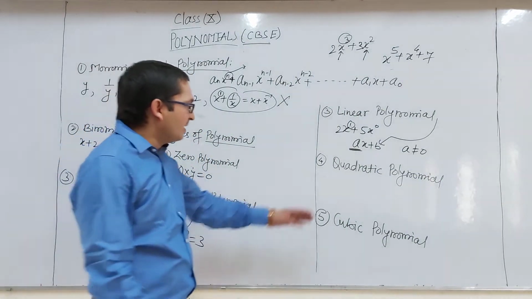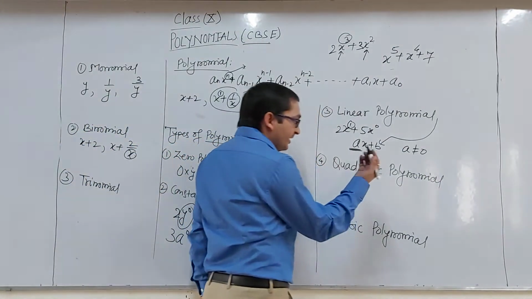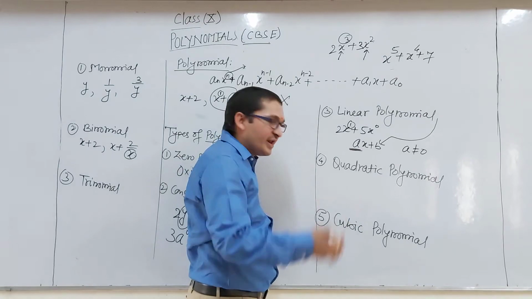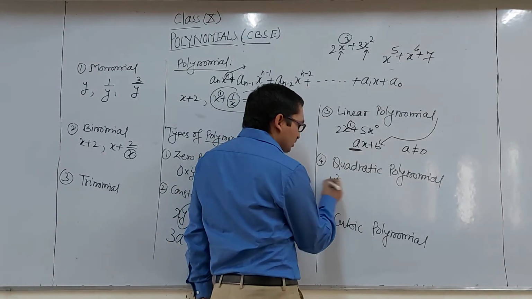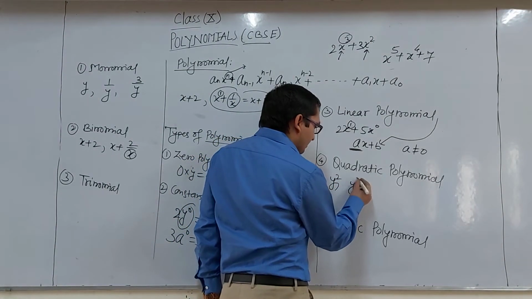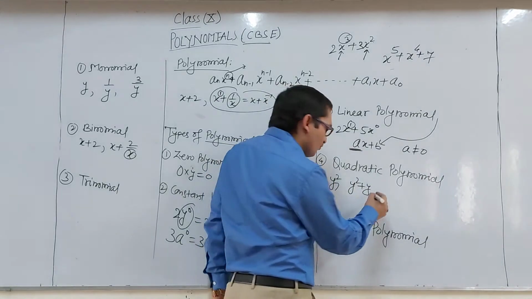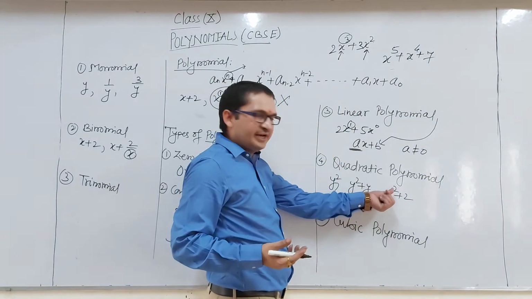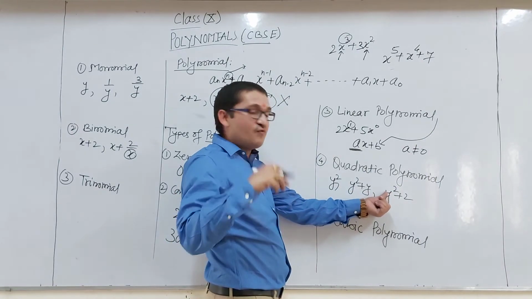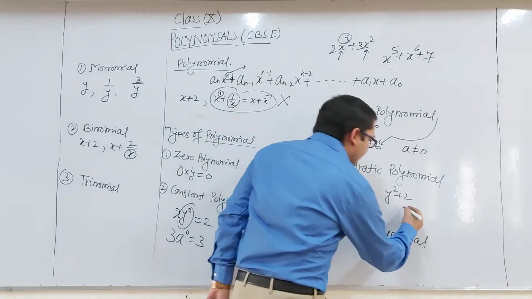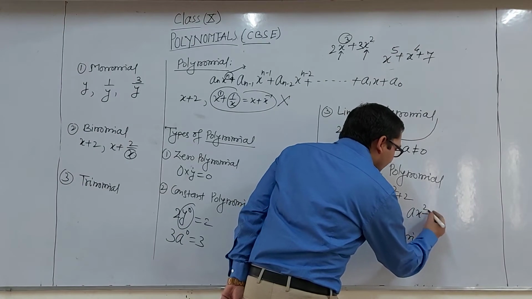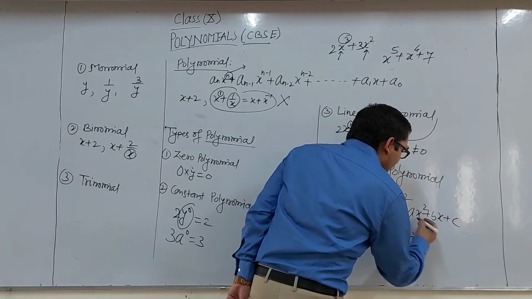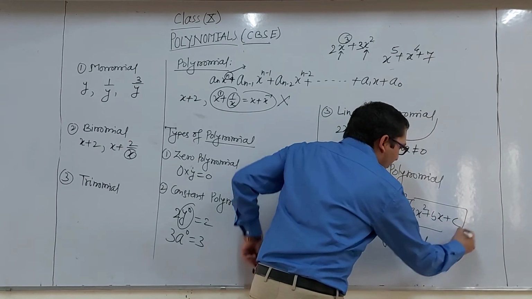Now quadratic polynomial. Degree should be 2. The highest power of the variable should be 2. So you can write y square, or y square plus 2. Quadratic polynomial. You have to check the degree only. The highest power of the variable should be 2. The standard form is ax square plus bx plus c, where a, b and c are real numbers.